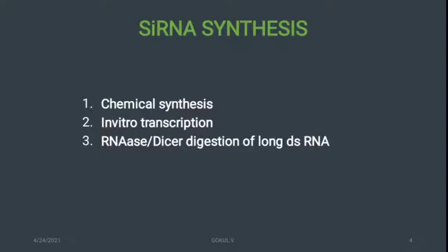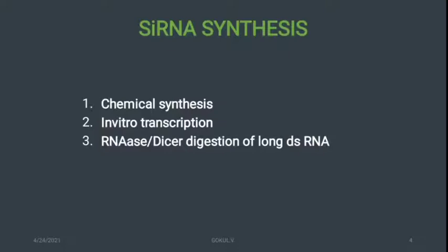Chemical synthesis is the most expensive method. It is used to produce high quality chemically synthesized siRNA on a custom basis, to yield a large amount of high purity siRNAs. The chemical synthesis is best for studies that require a large amount of defined siRNA sequence.